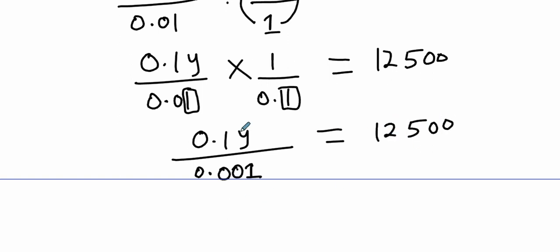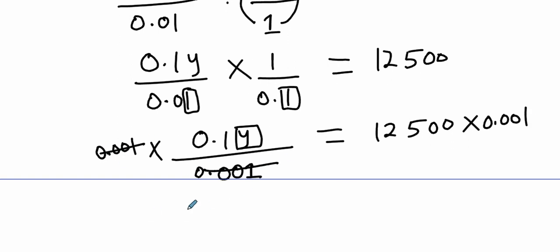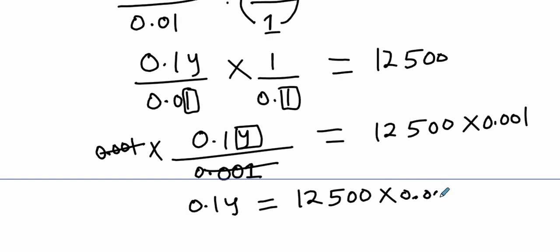12,500. Okay, now to find the value of y, you need to multiply by 0.001. This will cancel, we remain with 0.1y equals 12,500 times 0.001.